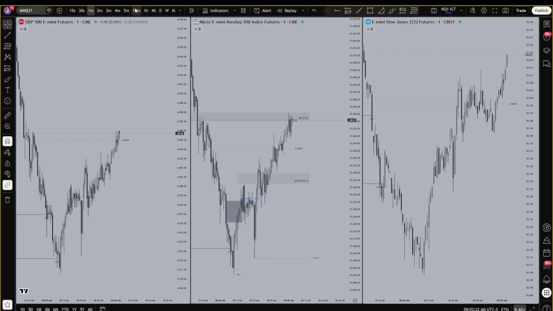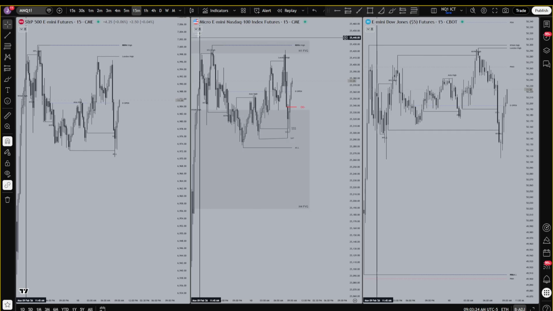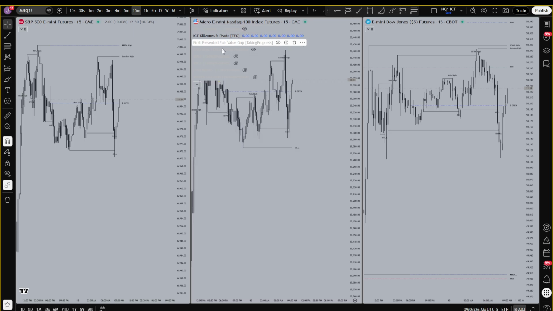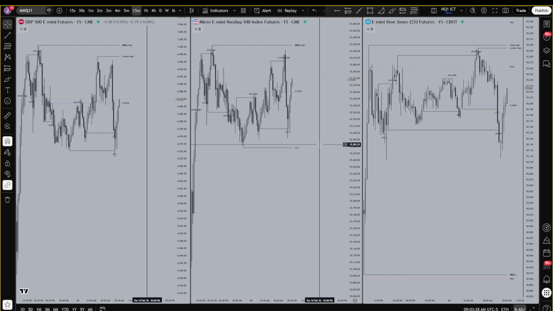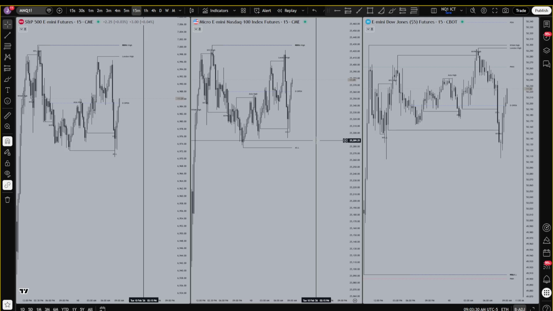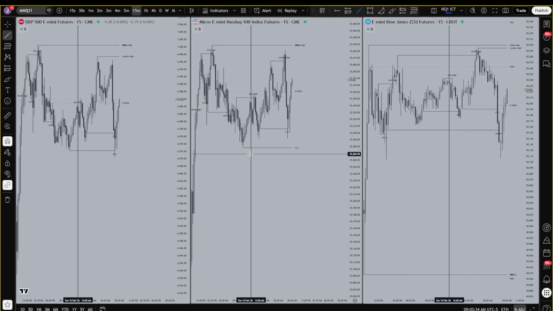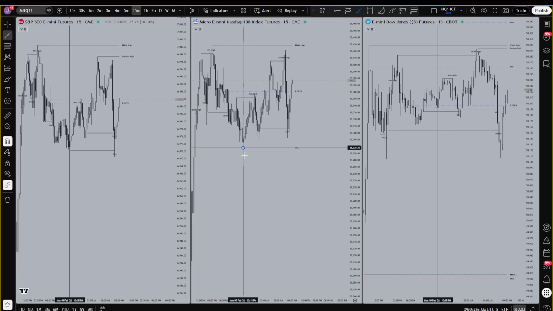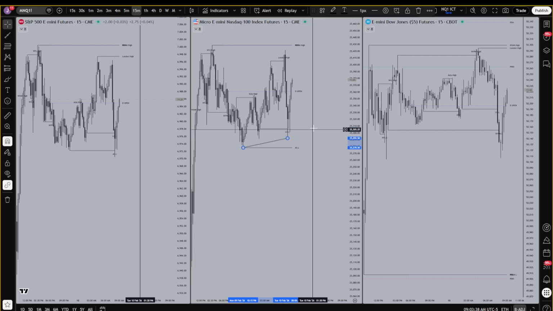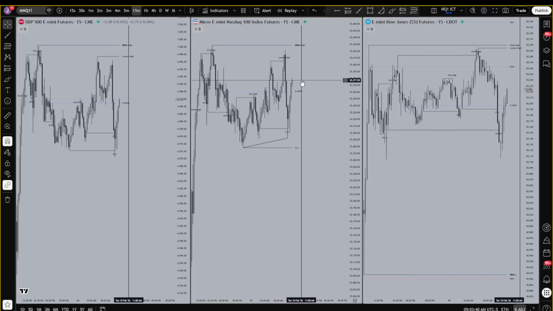It totally could, honestly. SMT at Asia low. It's definitely possible we come sweep up previous day high and then reverse from there.